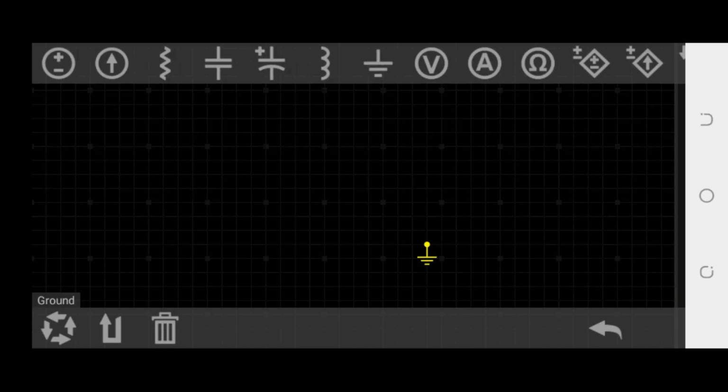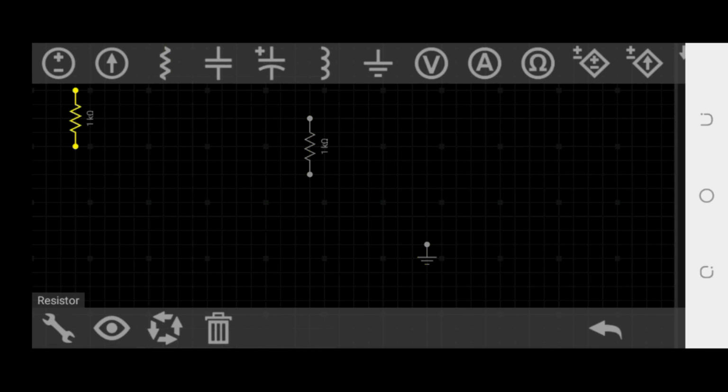Okay, so in our application of resistors, we'll be looking at 2 examples. We'll start with the voltage divider. For the voltage divider, I'll be using 2 resistors, both of them 1 kilo ohm.